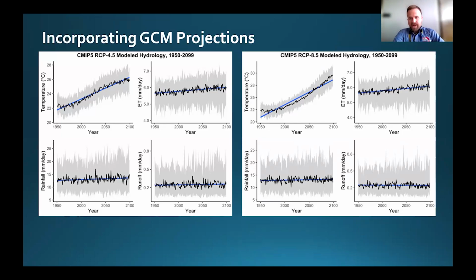We have two emission scenarios here. Realistically, at this point, 8.5 on the right here is probably the likely outcome. And if we look at the top left of this four-panel plot, we see temperature is projected to go to the moon. I mean, it's rapidly increasing. It's going to keep increasing. But we have trade-offs in these projections. So we go to the top right, we have evapotranspiration.